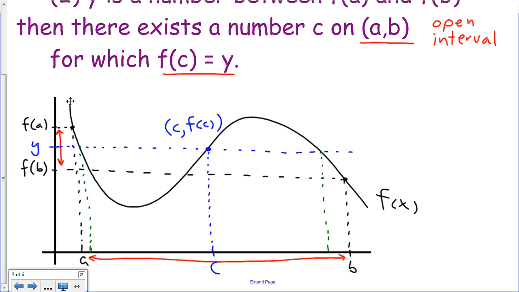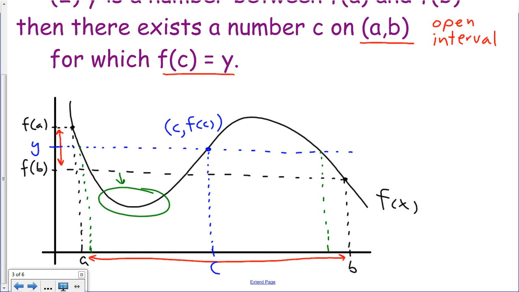All right. You'll also notice that there are places like, for example, right here, where the function is still continuous, of course, and that I know that there's a C value that I could plug into my function to get those corresponding y values. But because these are all below f of B here, the theorem doesn't talk at all about those values.